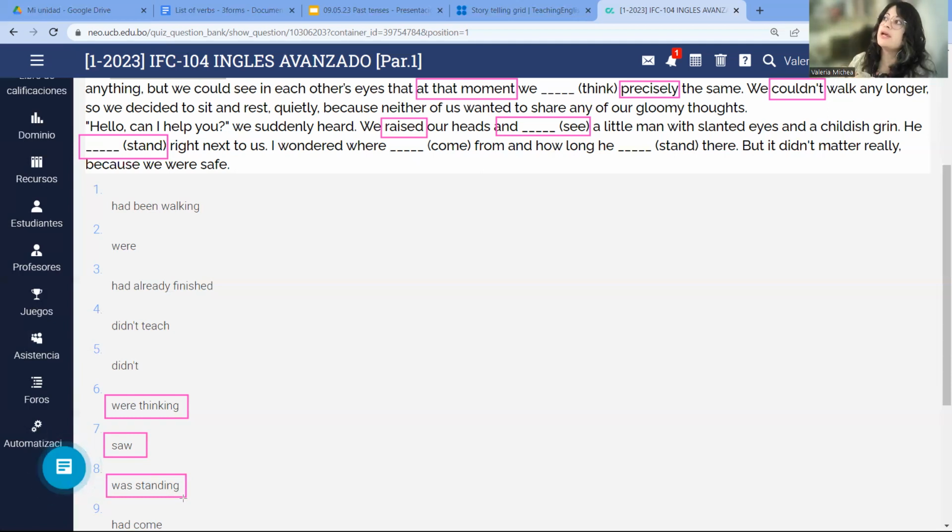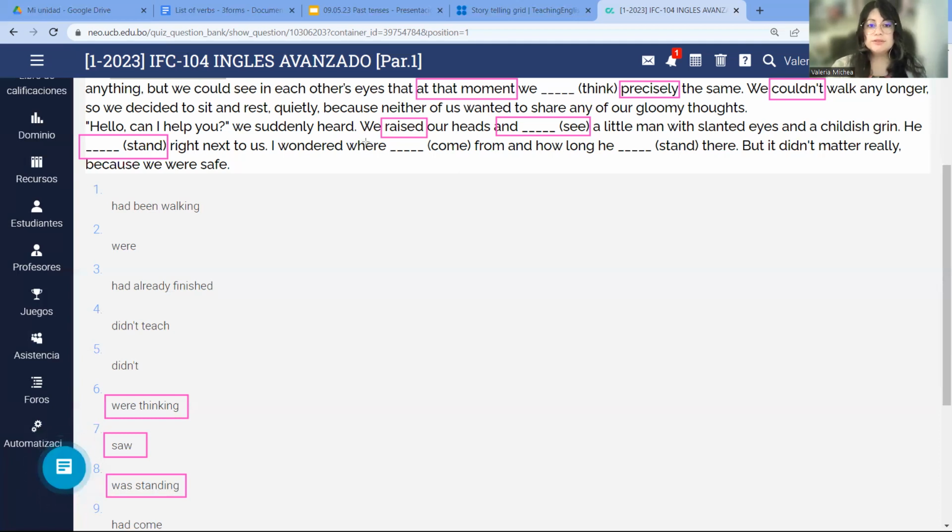So when we raised our heads and saw him, he had been standing for quite a long time. So he was standing right next to us.